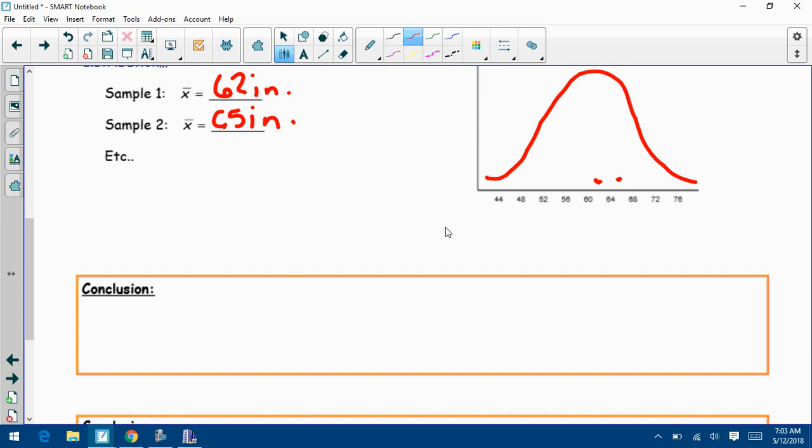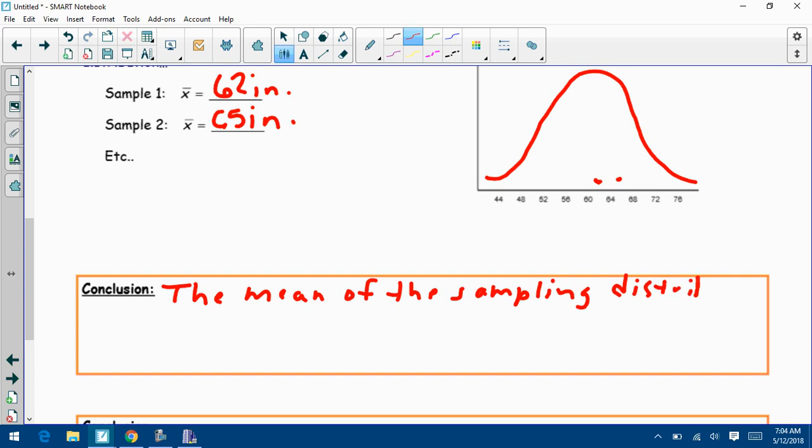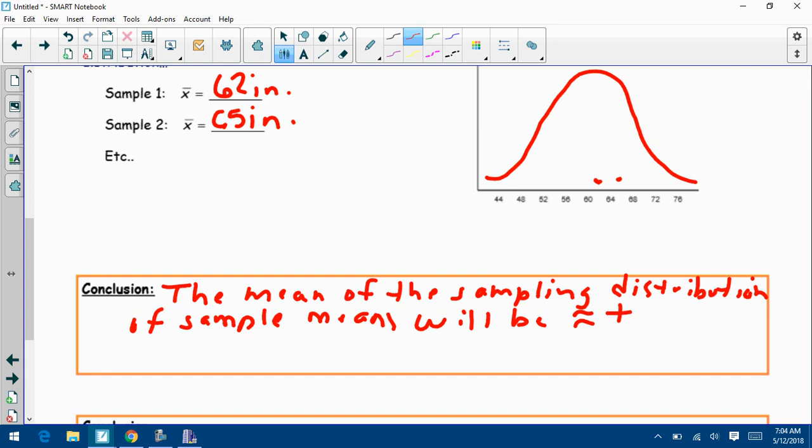So conclusion, the mean of the sampling distribution of sample means, so I'm calling this sampling distribution of sample means because it's averages of samples as opposed to percentages of heads or something, will be approximately equal to the true population mean.